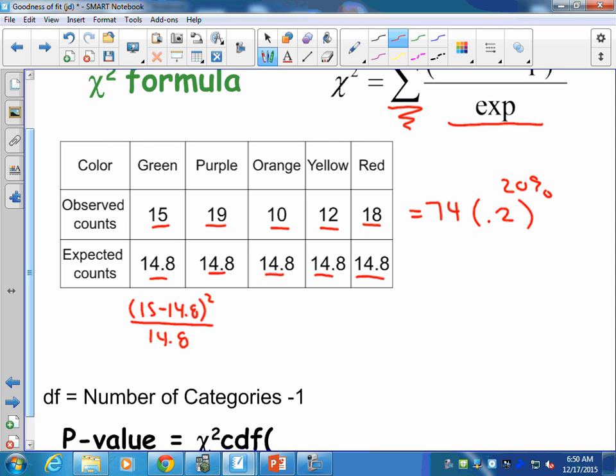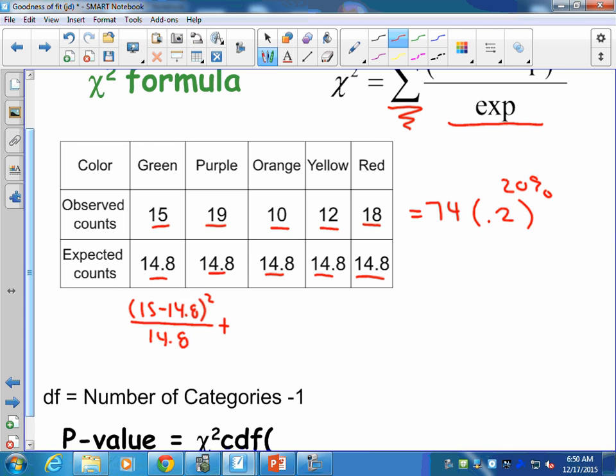The square and the denominator are important. The squaring makes every value positive because otherwise the values below average and the values above average would cancel each other out. And the denominator, dividing by the expected value, normalizes this calculation. So it doesn't matter if your sample is 74 or your sample is 84.